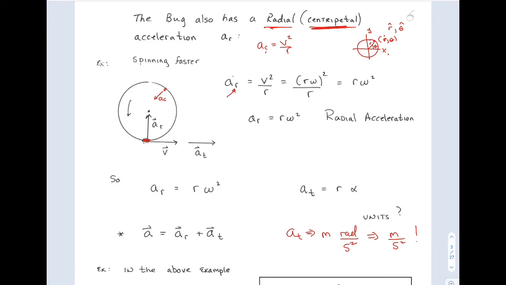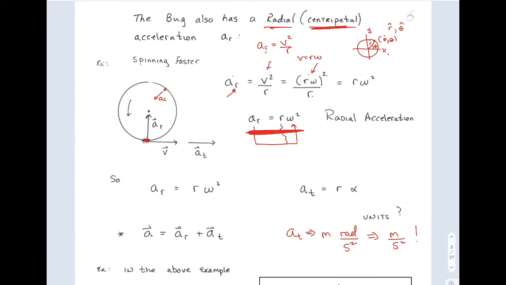So the radial acceleration, that was our centripetal, v squared over r. v is r omega. So on the top I have an r squared, I have an r on the bottom, one of the r's cancels. So that gives me our radial acceleration, which we earlier called the centripetal acceleration. So again, the linear acceleration is related to an angular quantity via the radius.